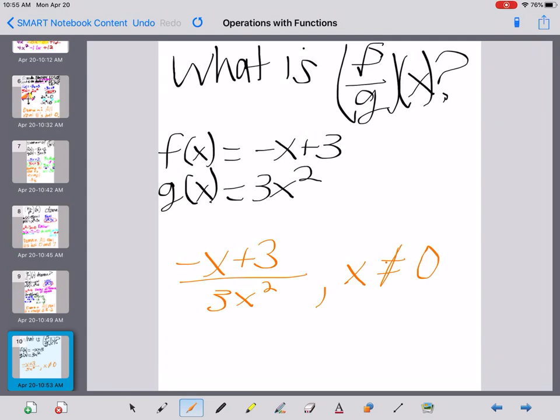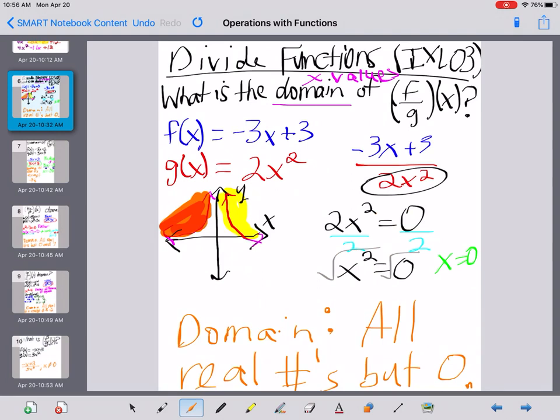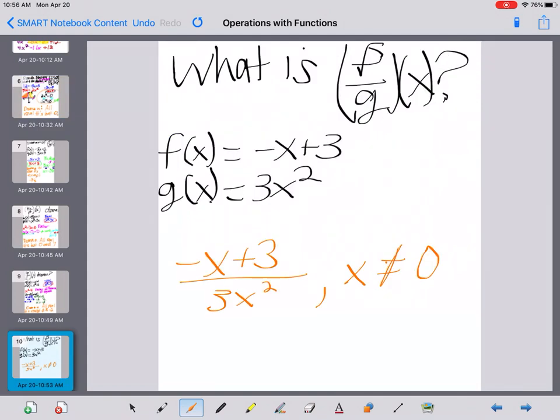And that's because if I were to set 3x squared equal to 0, I would get that x equals 0. So that means 0 would be the number I would have on the bottom. And that is basically just like we did on this problem here. When I set 2x squared equals 0. Right there. I've got x equals 0. So that's what I basically would do here.